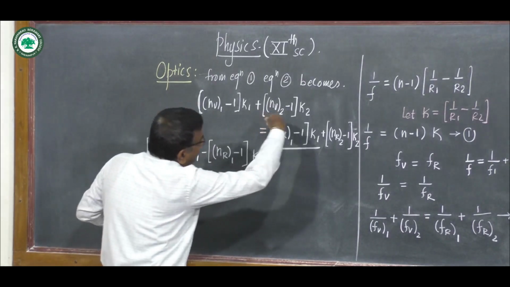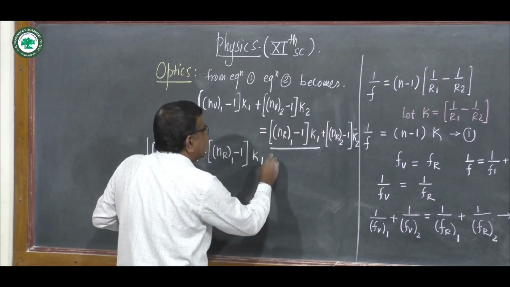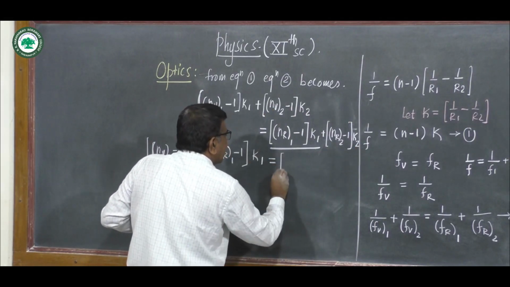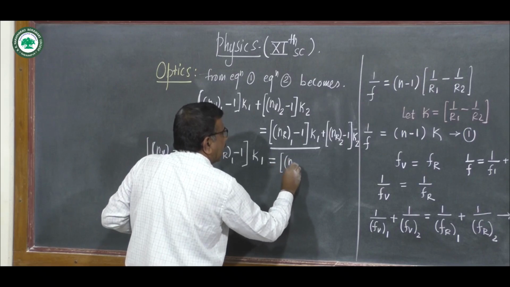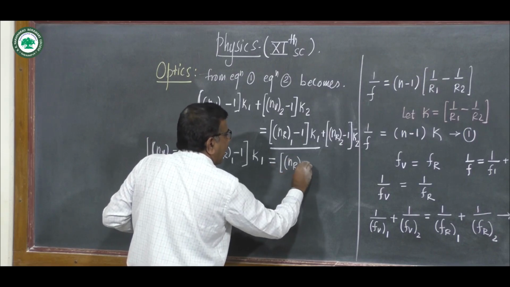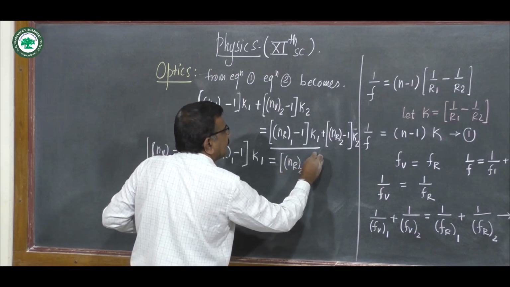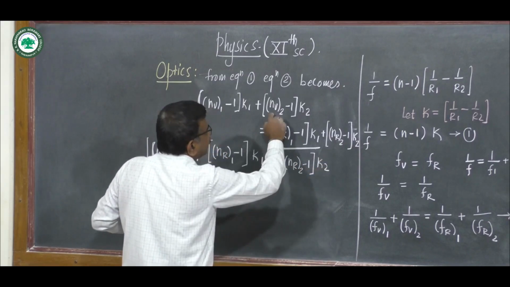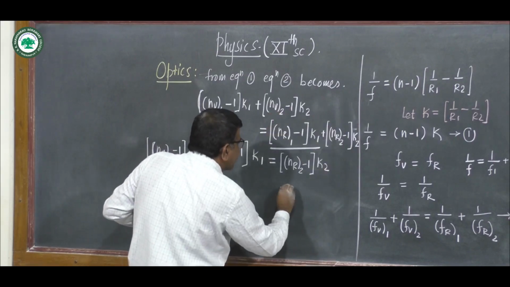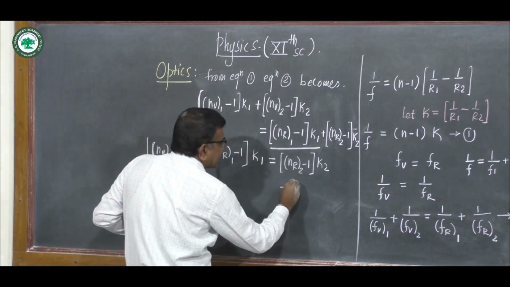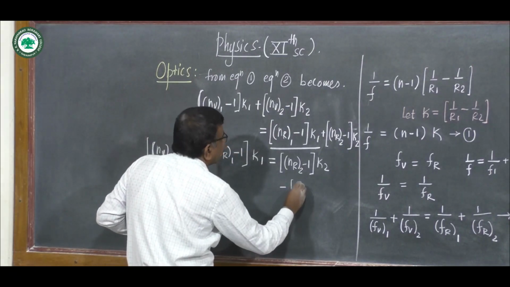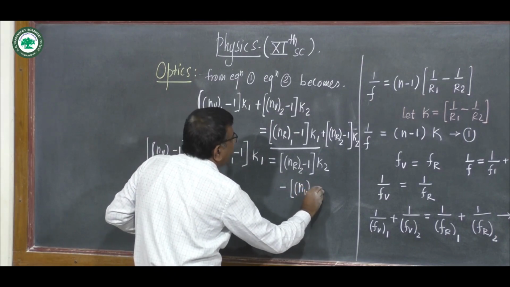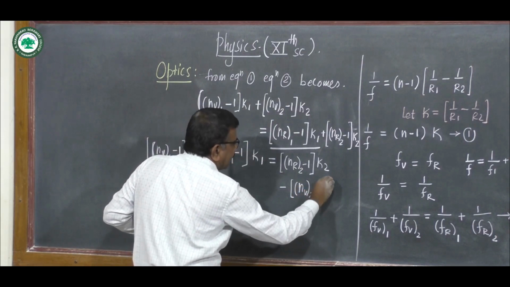Again shift this term here, that will become minus, is equal to, already here (nR2 minus 1) K2, and this will be shifted there, that becomes minus (nV2 minus 1) K2.